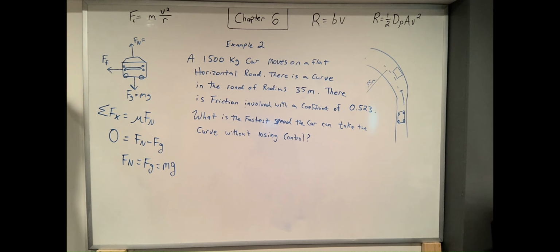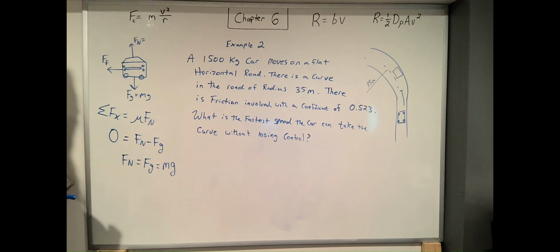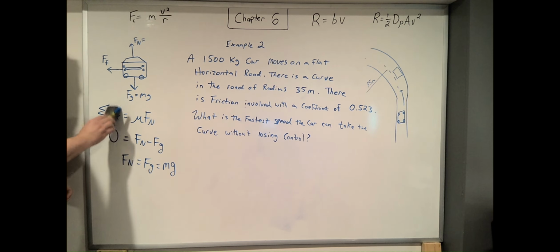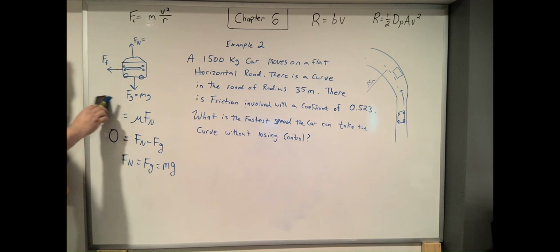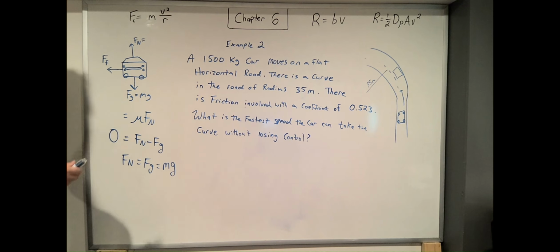What about the x? What are we looking for? We're looking for speed. And so far, I don't have anything to do with speed yet. So what is happening in the x here? Is there an acceleration in the x? Well, there must be something to counter this, right? There must be something that counters the frictional force. So yes, there is an overall force in the x direction. And it is hidden in that it is going around a circle.